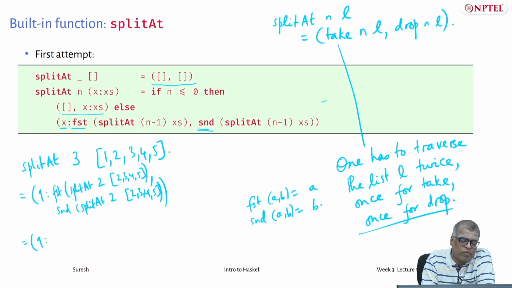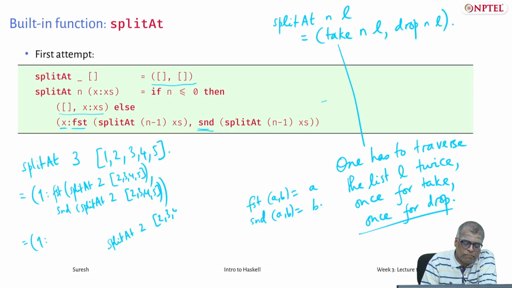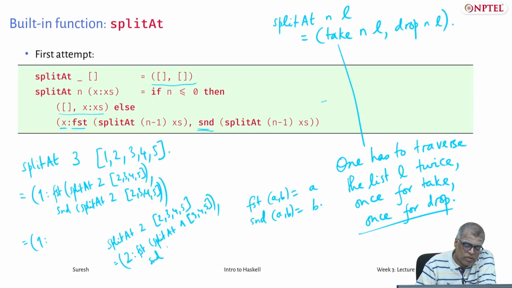Let's look at split at 2 of 2, 3, 4, 5 now separately. 2 followed by first of split at 1 of 3, 4, 5, comma second of split at 1 of 3, 4, 5, and so on.